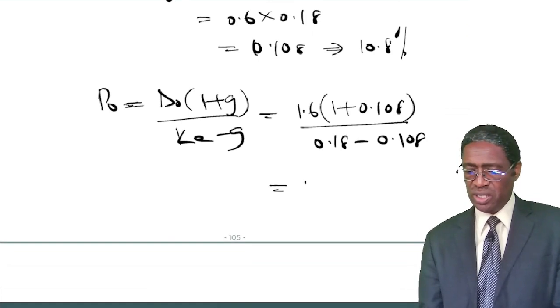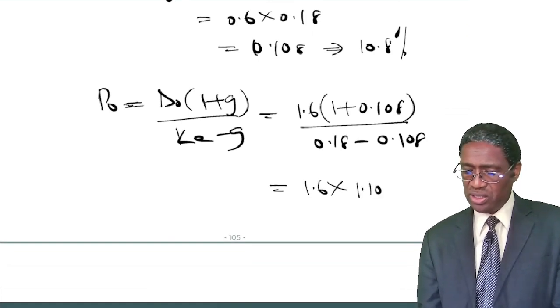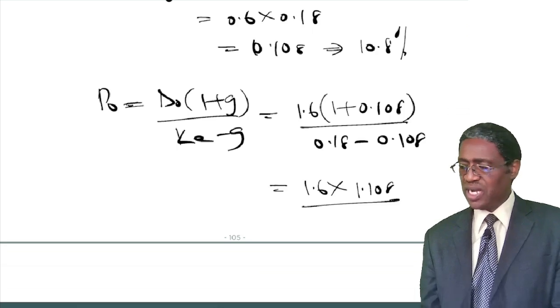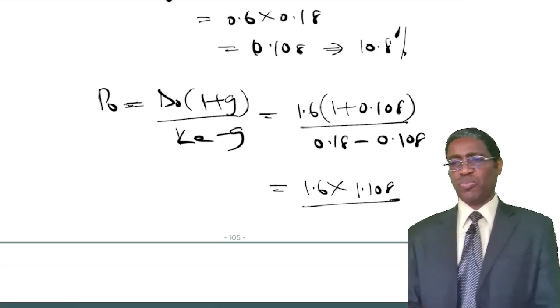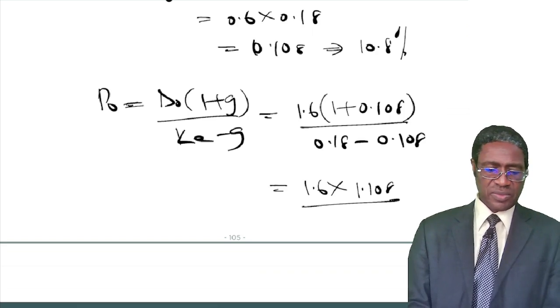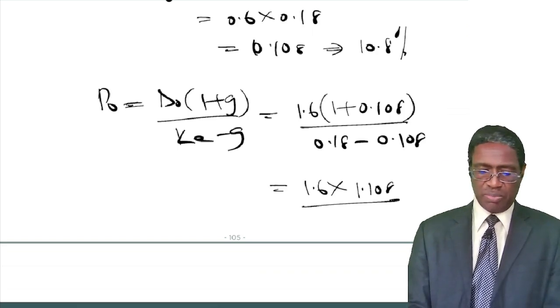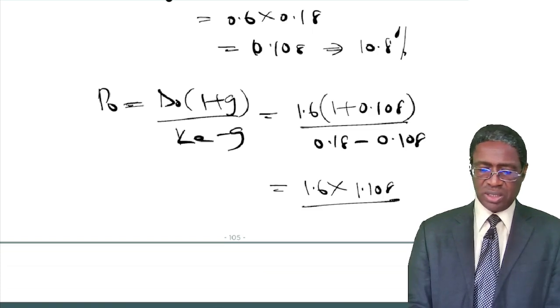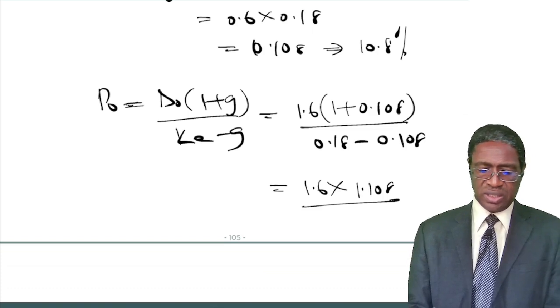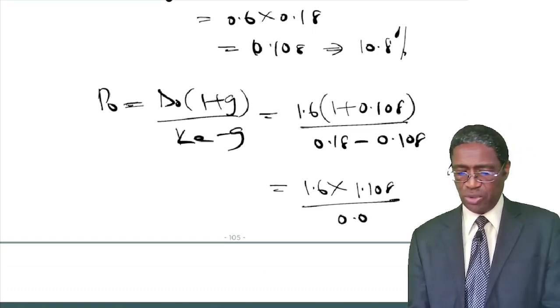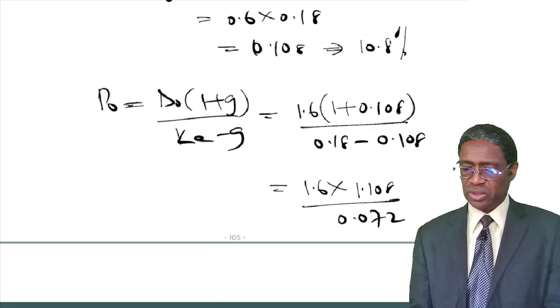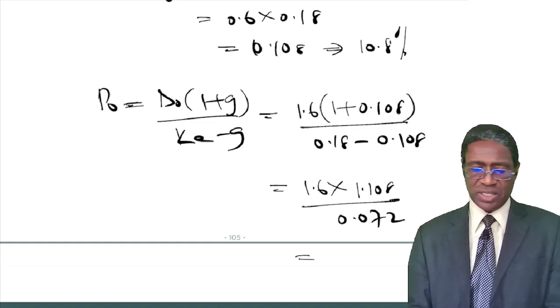Let's solve this now. This will be 1.6 times 1.108, divided by 0.18 minus 0.108. I'm getting a denominator of 0.072. So let me get the final answer now.